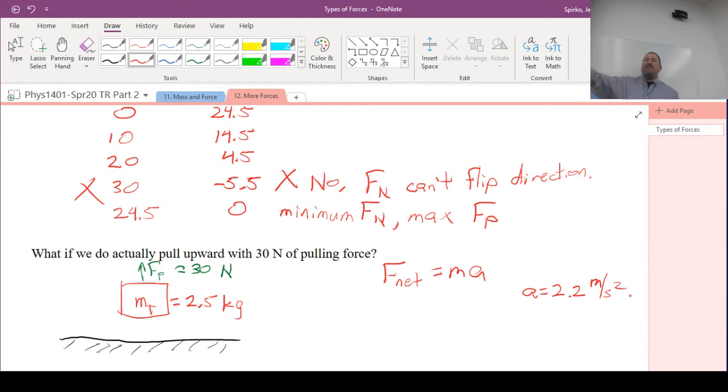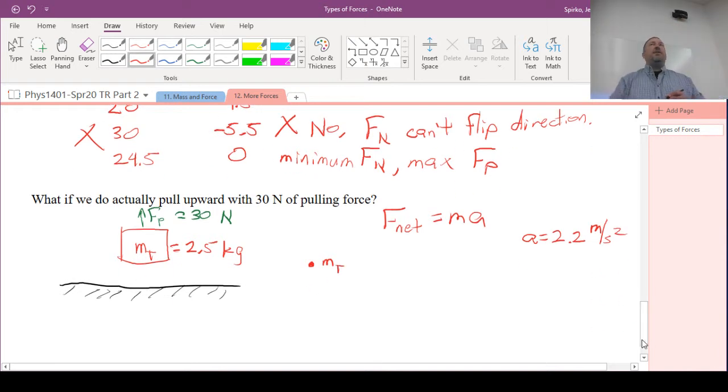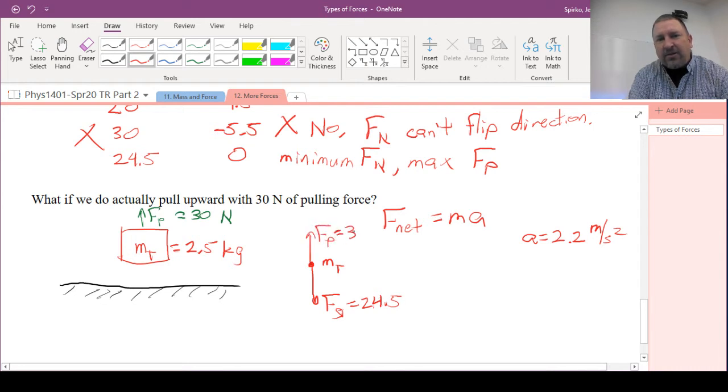I left something out of this. The way I've drawn it so far, I didn't do my force diagram, and I didn't do the equation. Maybe we should do the force diagram and the equation, see what's going on here. So here's our MT. What's the first force we put on our force diagram if it exists? Gravity. Yeah. FG equals 24.5, and force pulling equals 30.